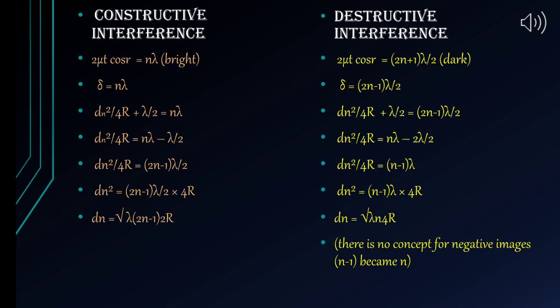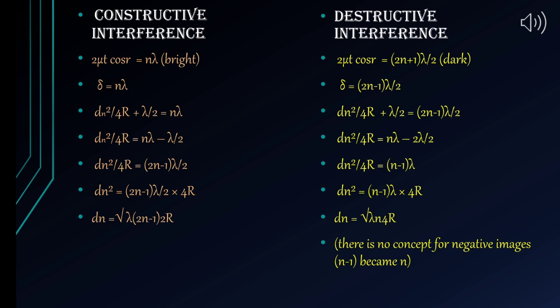Now coming to the constructive and destructive interference conditions. Firstly, constructive interference: 2 mu t cos r is equal to n lambda for a bright ring. Here the path difference should be equal to n lambda, so the path difference formula is dn square divided by 4r plus lambda by 2 equals n lambda.